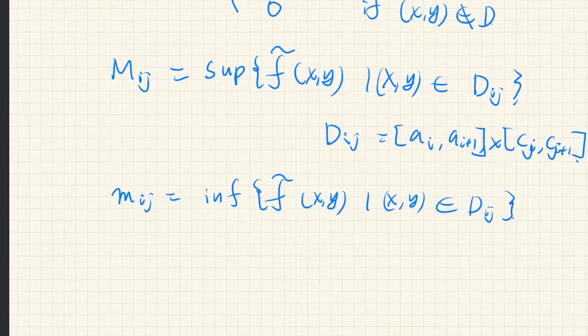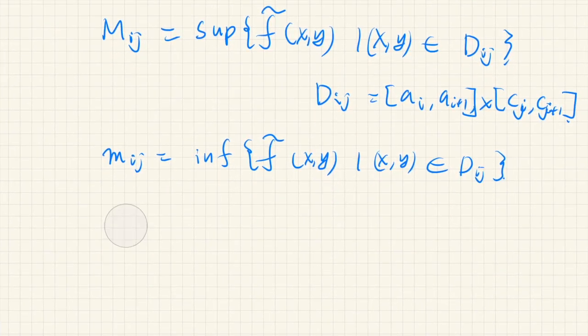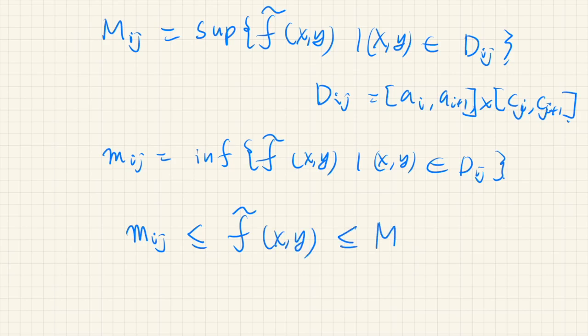By this definition, we have this trivial inequality. Lowercase mij is the infimum of f tilde, and capital Mij is the supremum. And of course, we're assuming x and y is in Dij.